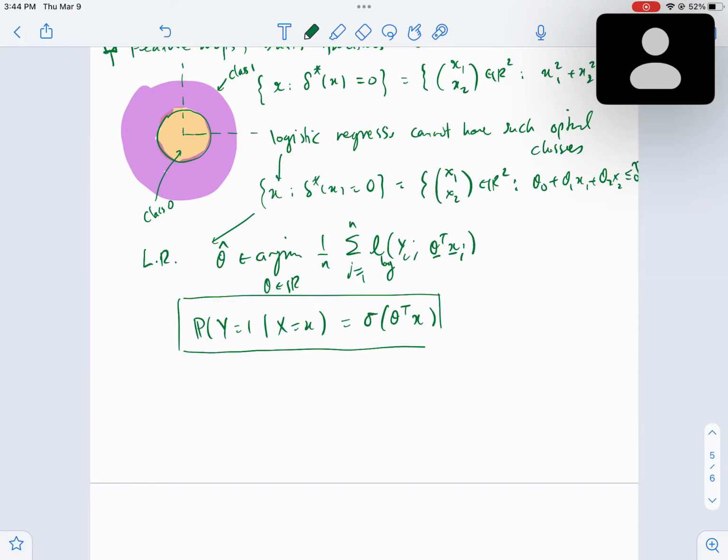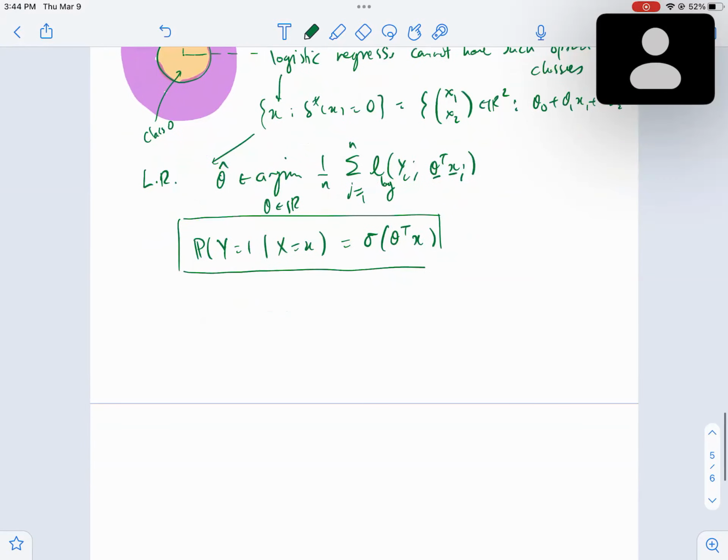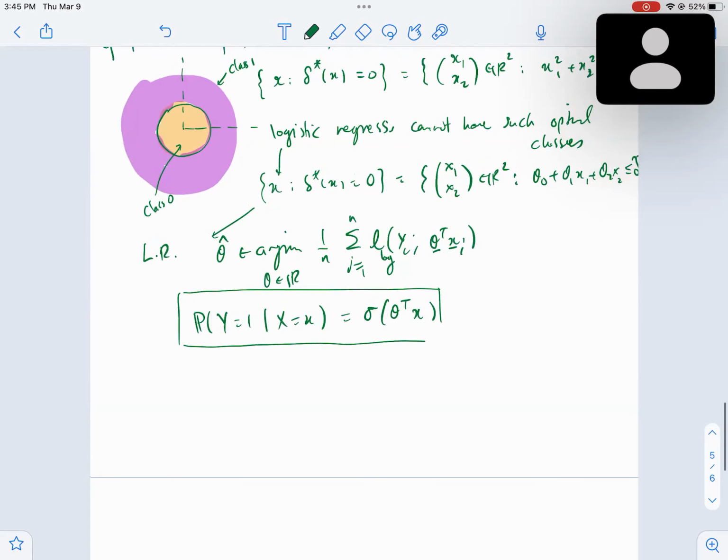I'm not sure, but I think we have to modify theta with x1 squared, x1 to the power 2. Okay, let's start from this.